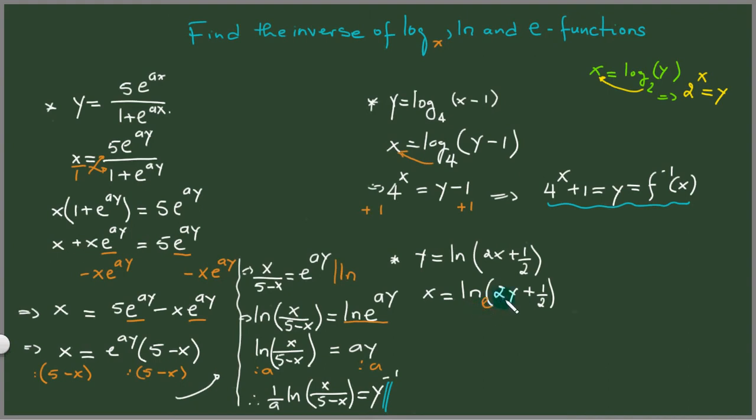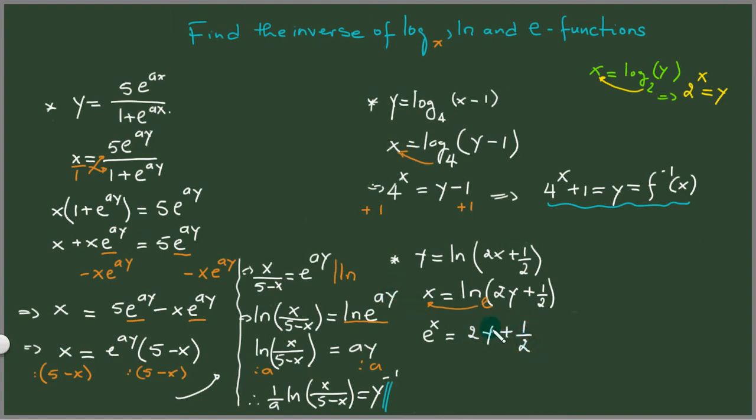So this e is taking an exponential of this whole term in parentheses, and this e is going to have x as exponent. So this is going to give us e to the x. This is the only way to separate this whole term from ln. So we have e to the x equals 2y plus 1/2.